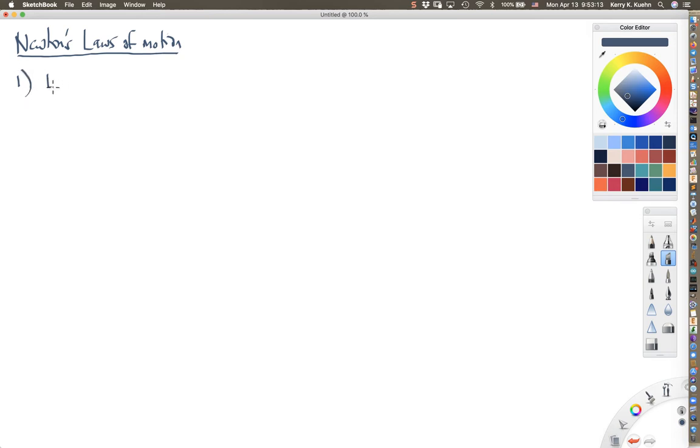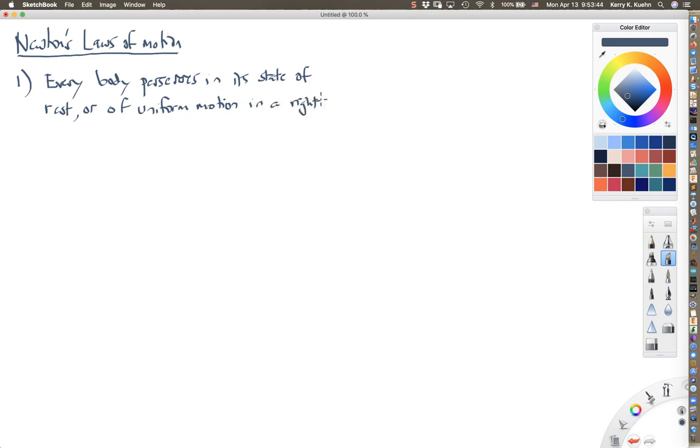I'm going to write this out. He says that every body perseveres in its state of rest or of uniform motion in a right line. He uses the word right line. We would probably say a straight line, but that's okay.